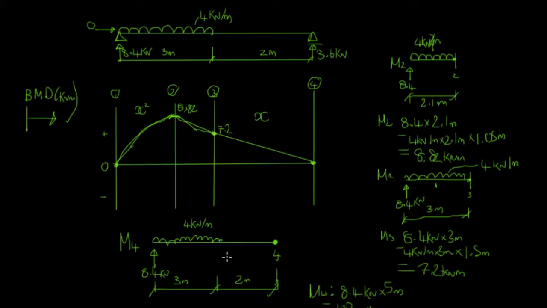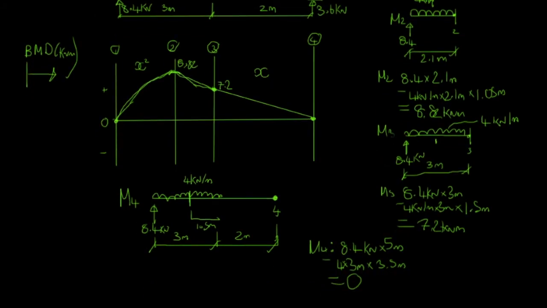Our lever arm is at the halfway point, so that's 1.5 meters to there, plus another 2, so 3.5 meters. That's going to equal out to hopefully 0. And if it does equal 0, we know we are correct. Yep, 0 kilonewton meters. So we're back to our point 0 here.